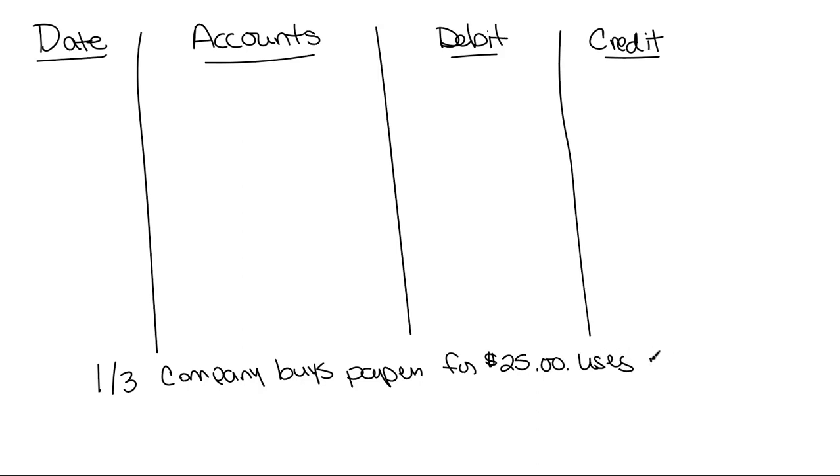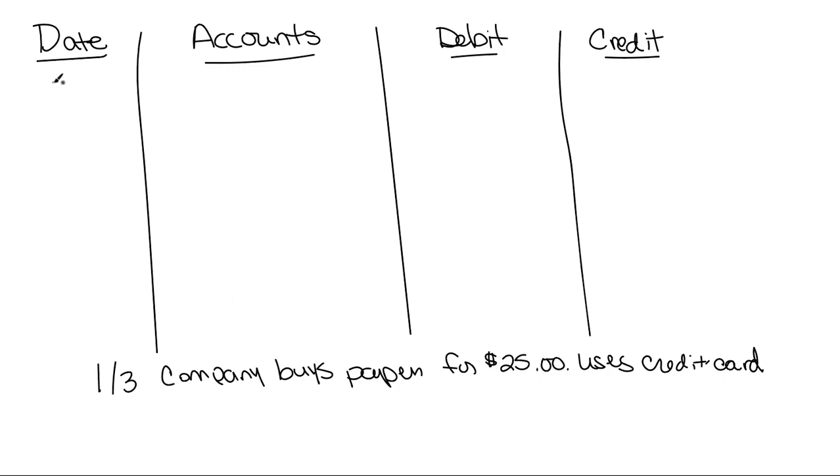Uses credit card. We see stuff like this all the time. You might buy paper for $25 and use your credit card. So we need to take this and put this in accounting language.